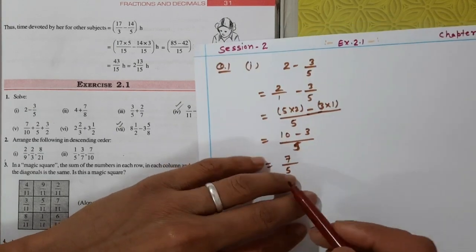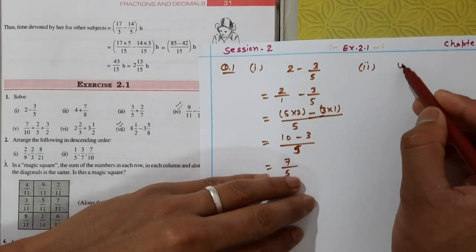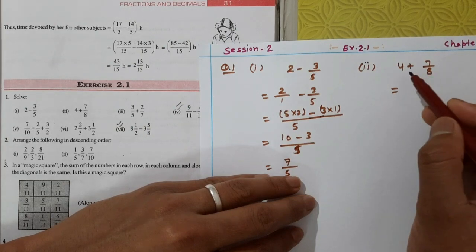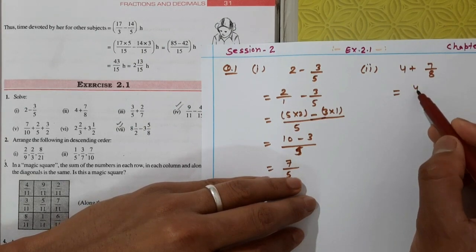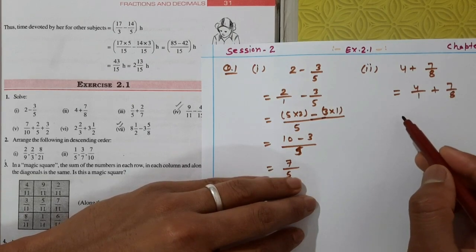Now Roman number 2. 4 plus 7 upon 8. We can write 4 as 4 upon 1 plus 7 upon 8.